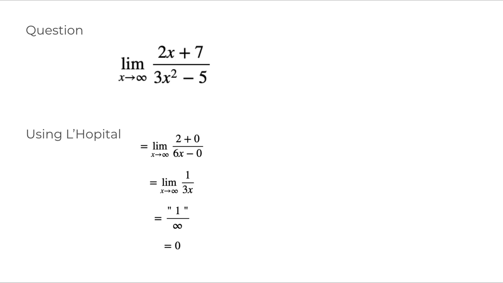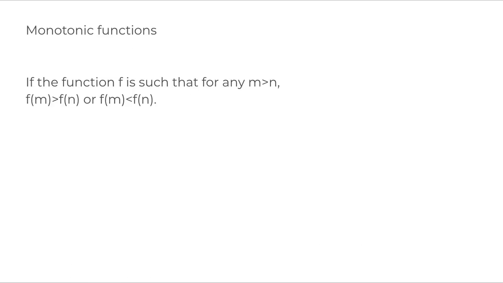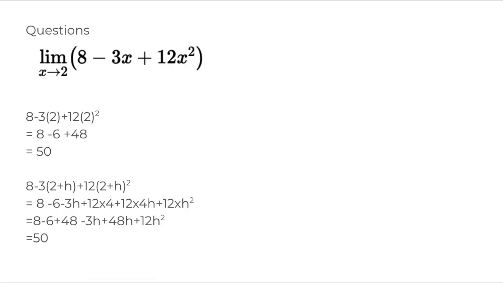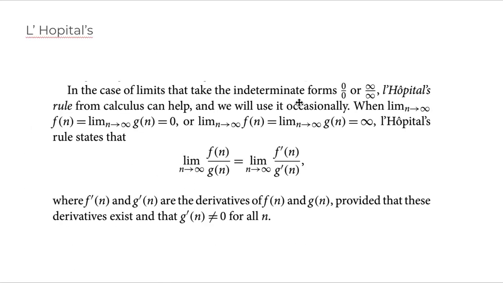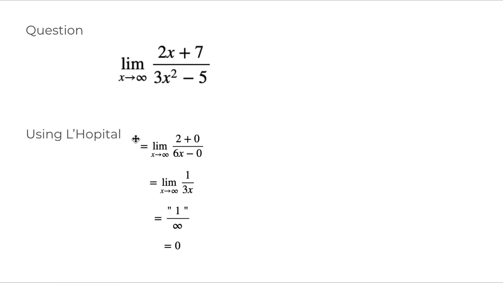Let's use the L'Hopital rule. What did it state? If you're given it of the form 0 by 0 or infinity by infinity, just find the derivative of both the functions, both the numerator and the denominator. So you have 2x plus 7 and 3x square minus 5. Find the first derivative of both of them.